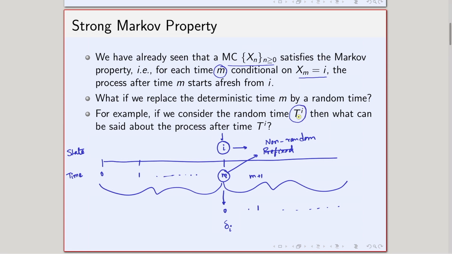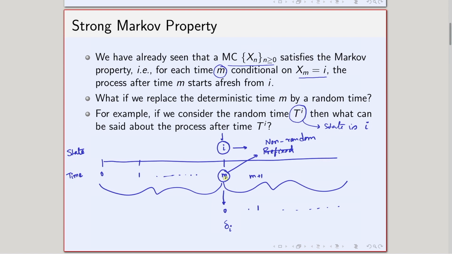At Ti I know the state is i, because this is the first time I enter into the state i, starting from some non-i state. If I start from state i, then Ti will be 0, that we have discussed earlier. So the state is known at the point Ti, but Ti itself is a random time.